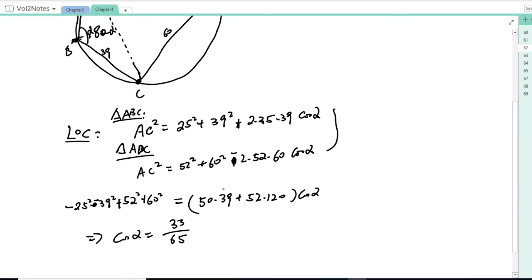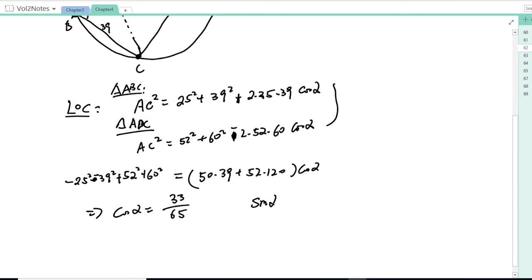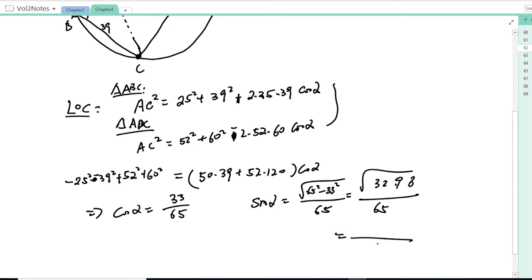If we know cosine alpha, we can solve sine alpha: 65 squared minus 33 squared, which is 56 over 65.